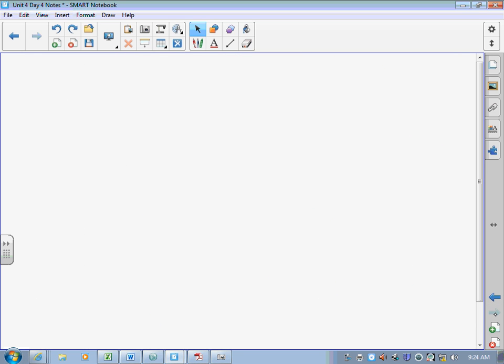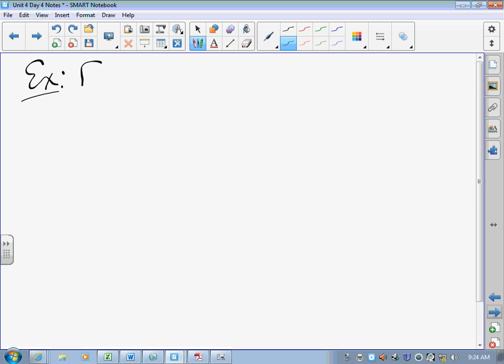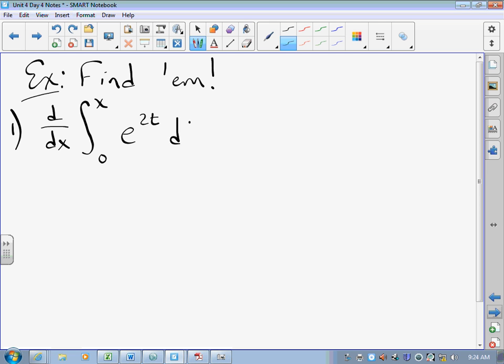So just so we're clear here, time to find some things. If I'm looking for the derivative with respect to x of the integral from 0 to x of e to the 2t dt, I'm looking for a derivative of an integral from a number to x.